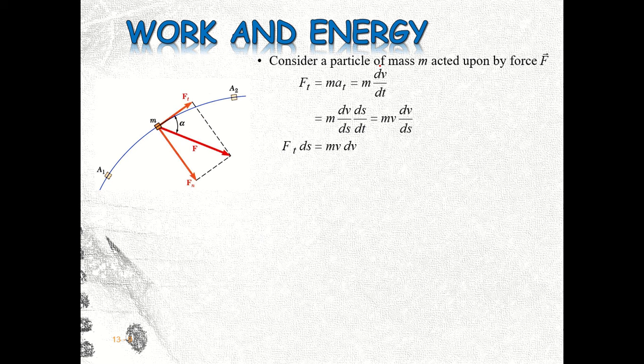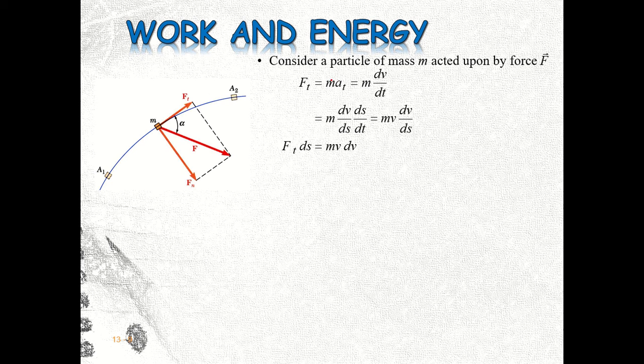consider a particle of mass m acted upon by the vectorial force F. So from the concept that we have discussed earlier, force is just the product of the mass and the acceleration.